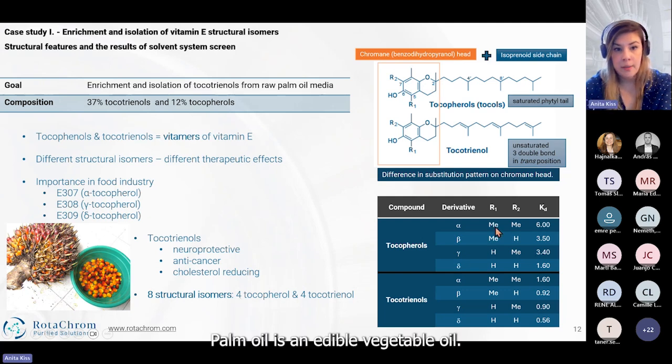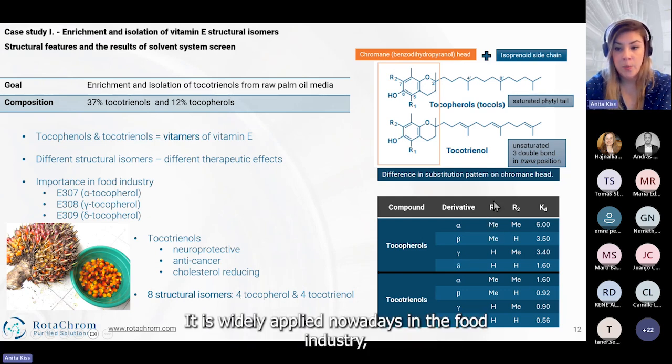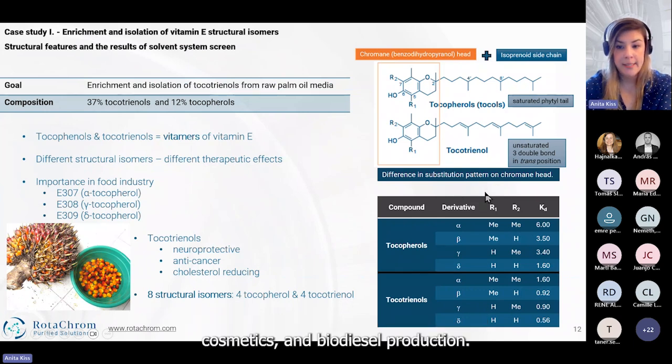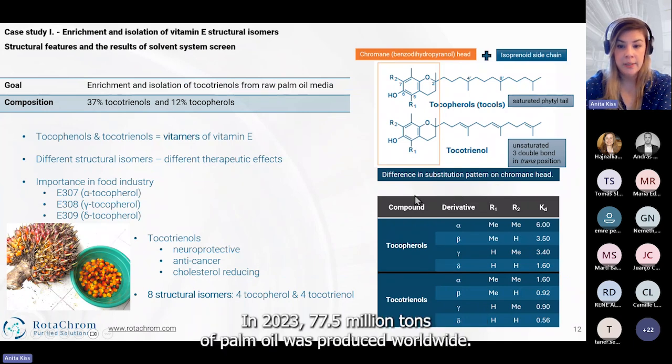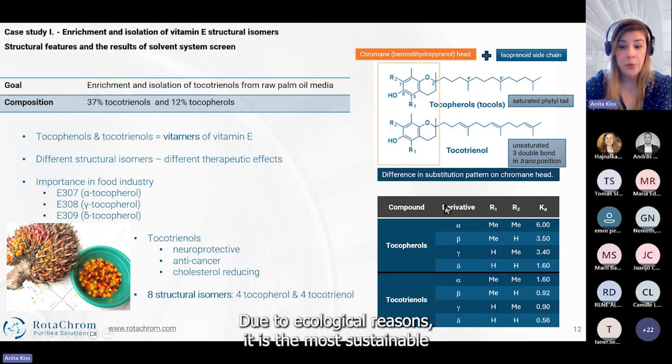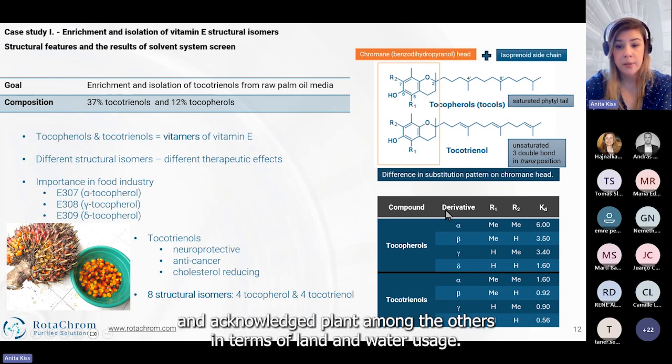Palm oil is an edible vegetable oil. It is widely applied nowadays in the food industry, cosmetics, and biodiesel production. In 2023, 77.5 million tons of palm oil was produced worldwide. Due to ecological reasons, it is the most sustainable and acknowledged plant among the others in terms of land and water usage.